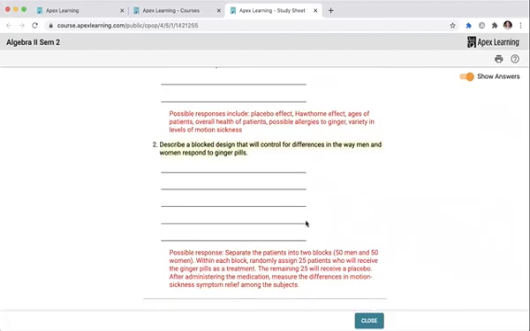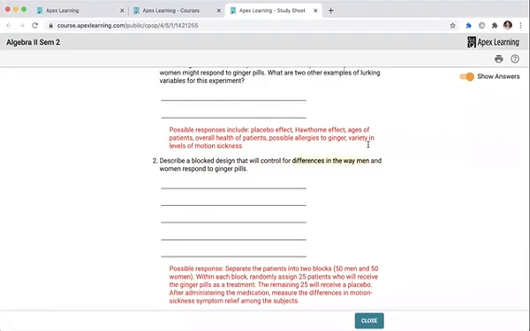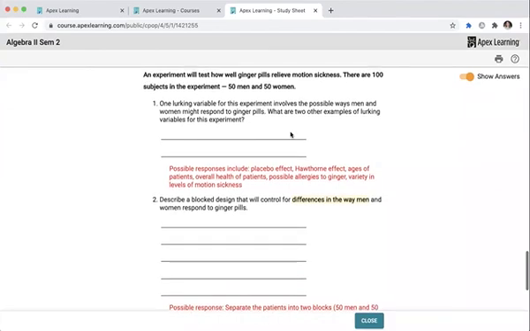What they're asking is to chunk people together, chunk people together in a way that highlights differences between men and women's responses. Because what it tells you up here is that you have 50 men and 50 women total in the experiment. It doesn't tell you who's getting what.